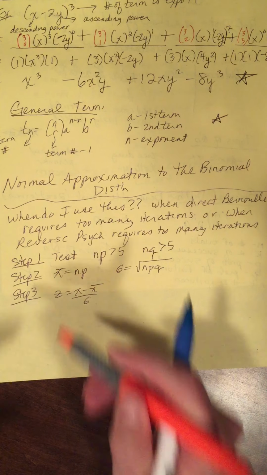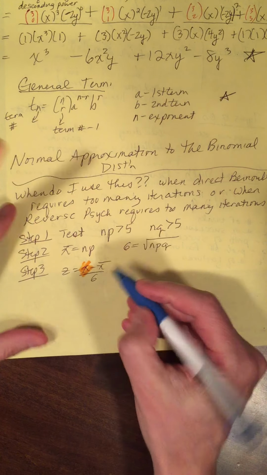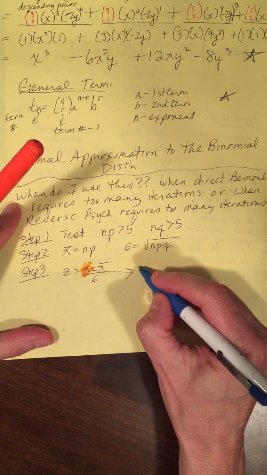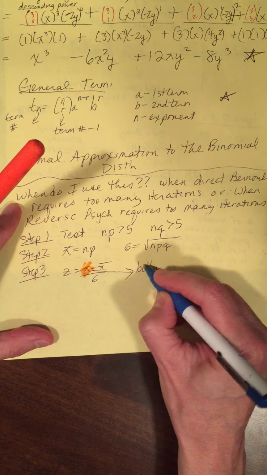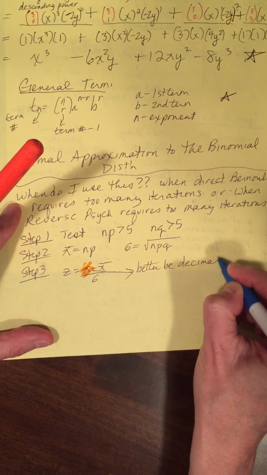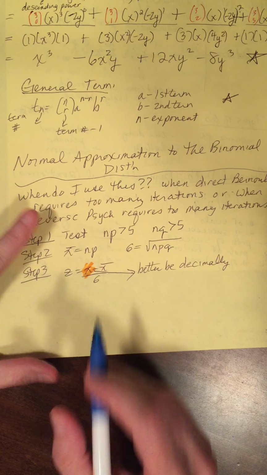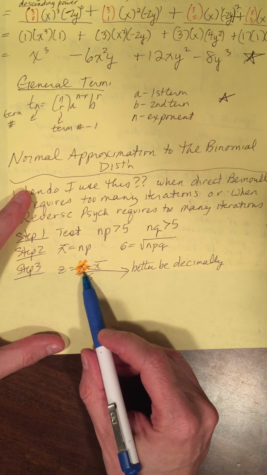And you know as well as I do, the tricky spot is that x. That x better be decimally. It can't be a whole number. It can't be discrete. It can't be anything that would be a discrete value. It'd have to be a decimally answer.